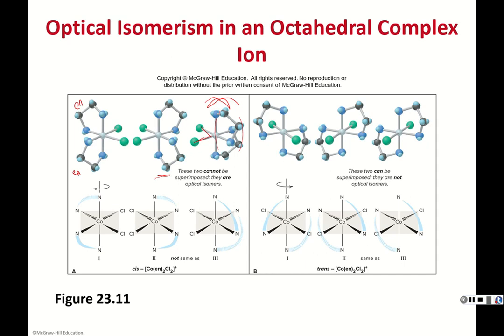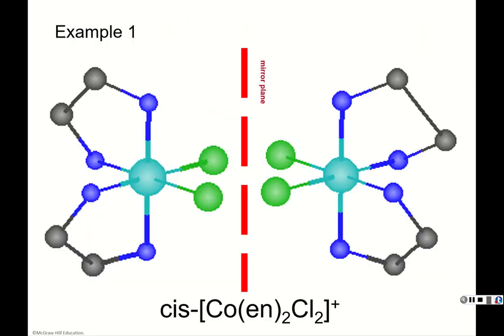So that's for the cis relative to chlorines. If you draw the same molecule with trans chloro and two EN groups, the mirror images can be superimposed. So these are not optical isomers in that trans conformation, but they are in the cis conformation.